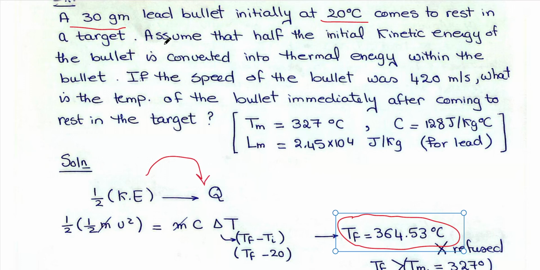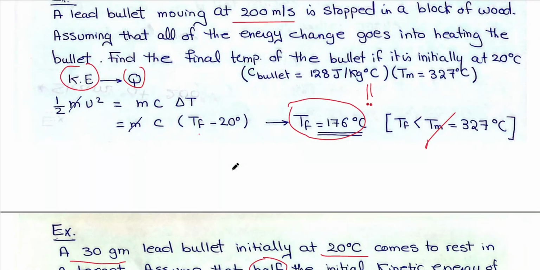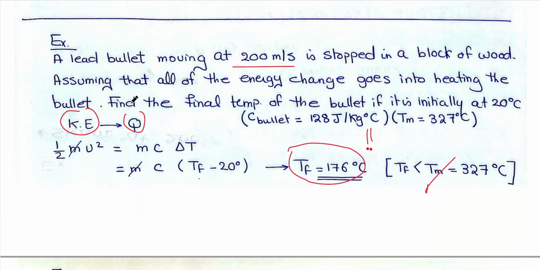But in this problem, assume half the initial kinetic energy of the bullet is converted into thermal energy. So here it is stated that only half of the kinetic energy will be converted into heat energy. In the previous examples, he didn't state any ratio between the kinetic and the heat, so I assumed that all the kinetic is converted into heat.